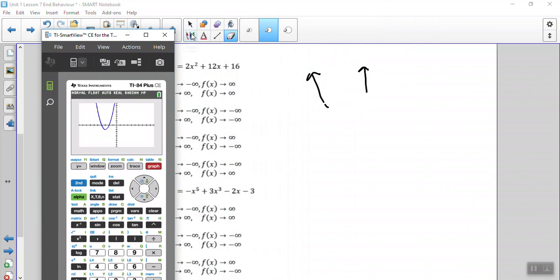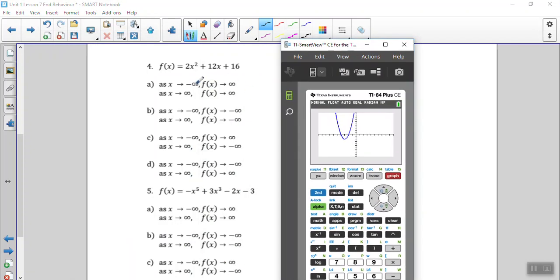I'm just worried about the end behavior. So it looks something like this. They both are pointing up. So on my left side, as x approaches negative infinity, my graph is going up. This looks good. And on my right side, as x approaches positive infinity, my f of x is also going up. So they both work.